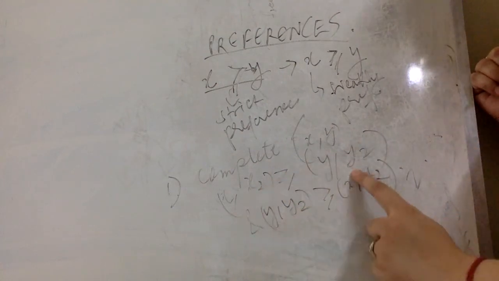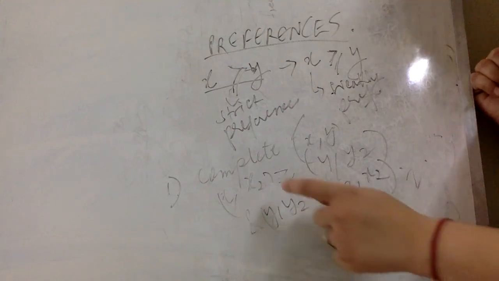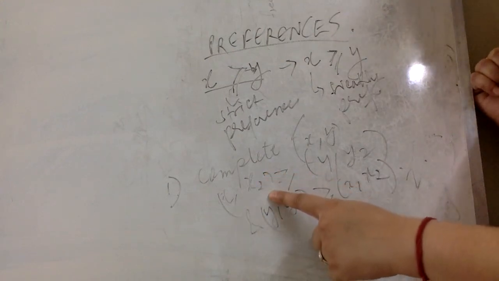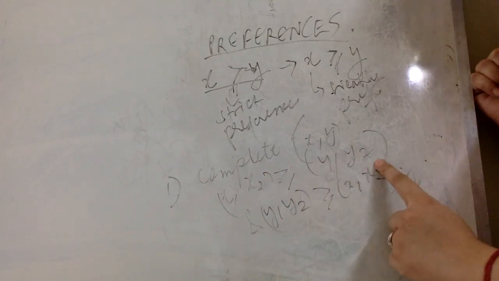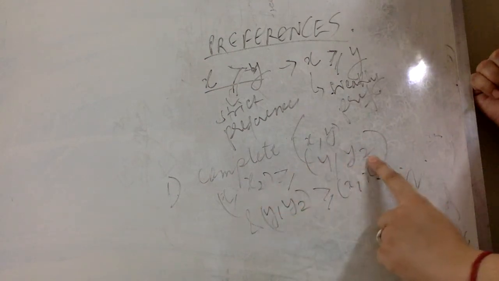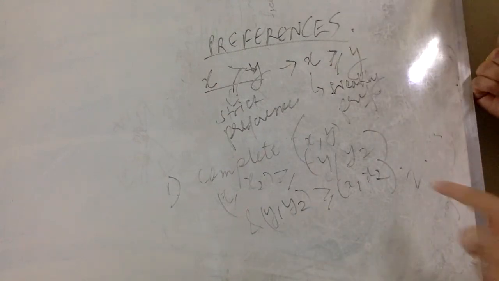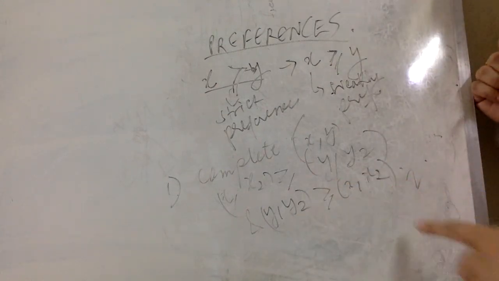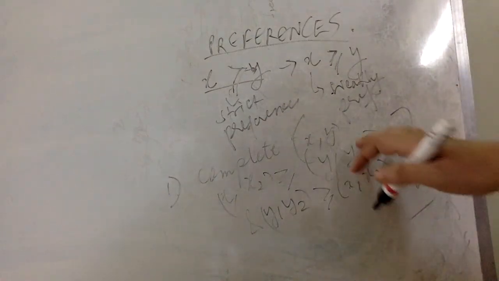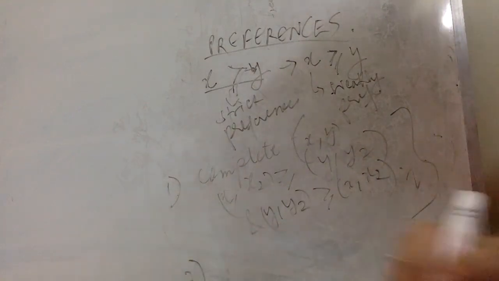If both the bundles can actually be compared, it means x1 x2 is at least as good as y1 y2, represented by weak dominance of x1 x2 over y1 y2, and at the same time y1 y2 is at least as good as x1 x2, then we say the bundles are totally comparable. This is one of the assumptions about the preferences, that we can compare the two bundles.